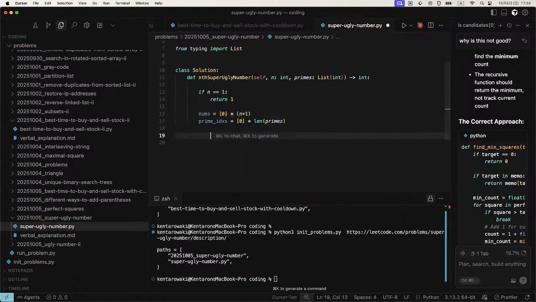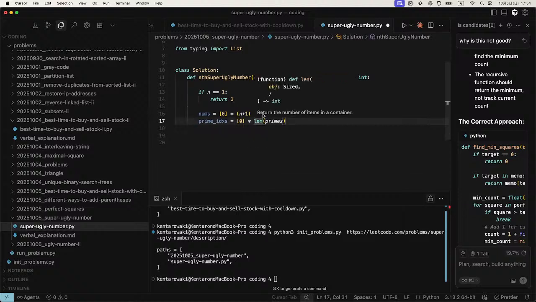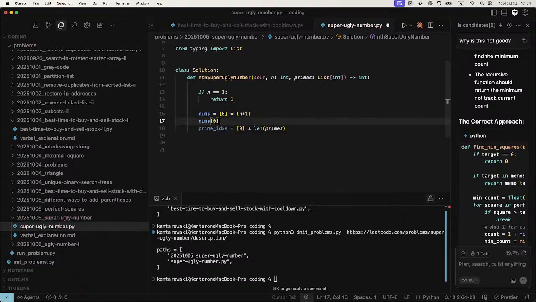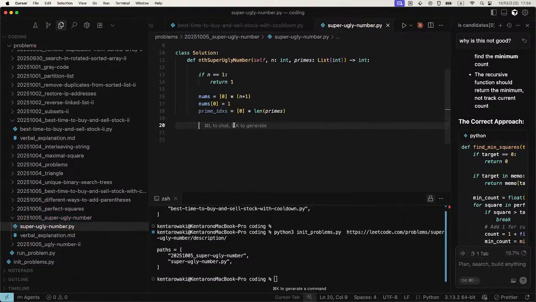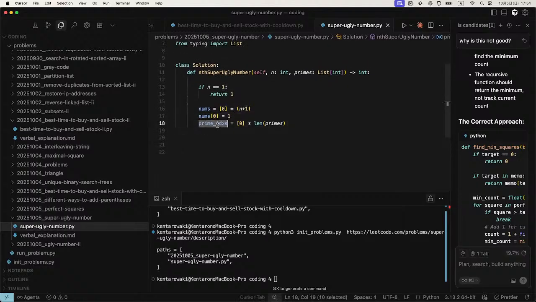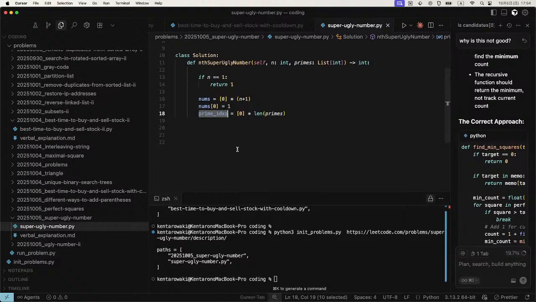The base case is that the head of the array is 1, and we initialize the indices with 0.